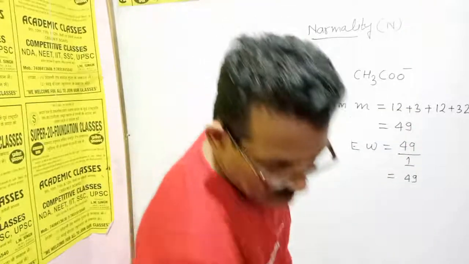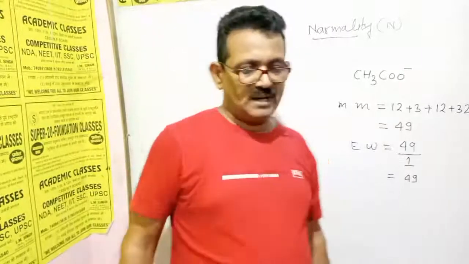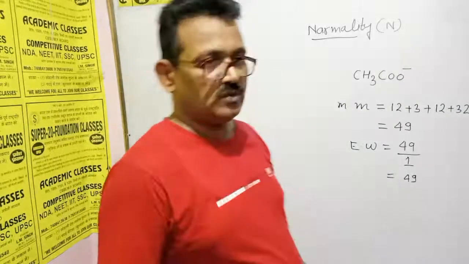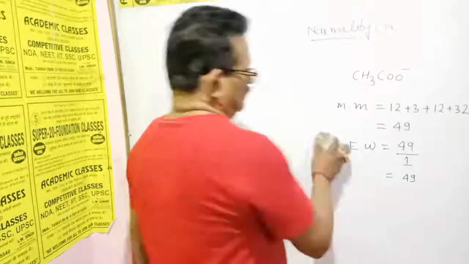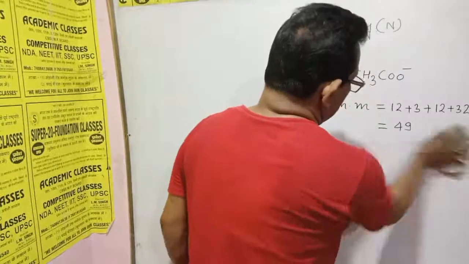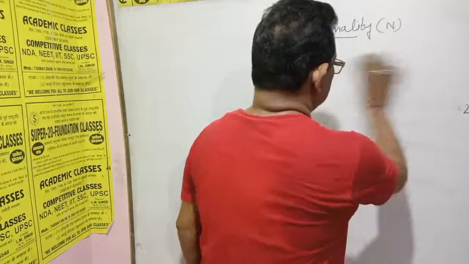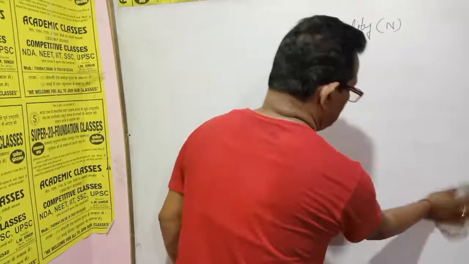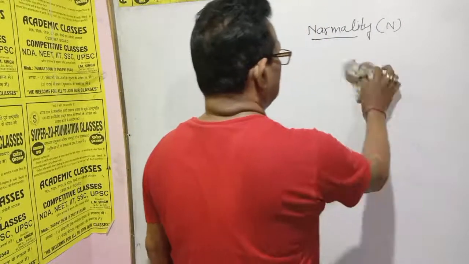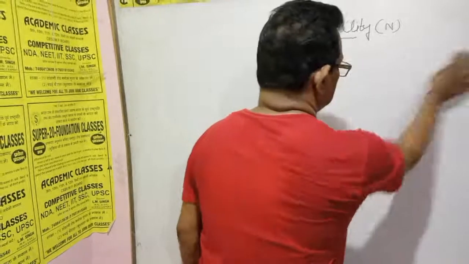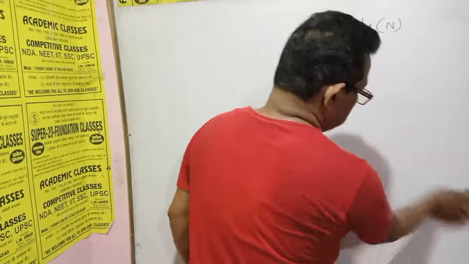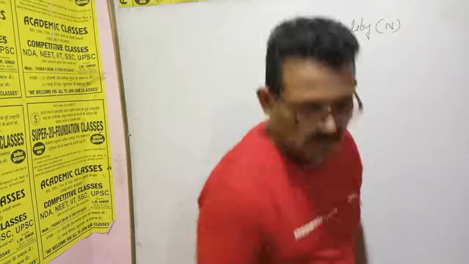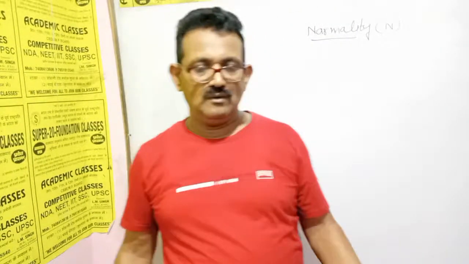Okay, students. The equivalent mass is clear to all of you now. Then I come to the normality. First, what is normality? If anybody asks the question, what is normality, you can easily explain.